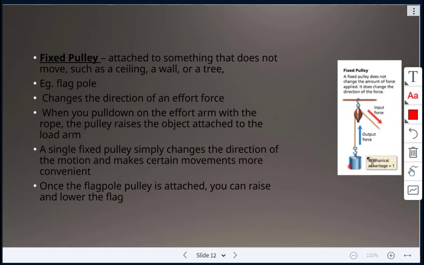So a single fixed pulley simply changes the direction of the motion, and it makes certain movements more convenient. Once the flagpole pulley is attached, you can raise and lower the flag. Again, it's not changing the amount of force applied, it's just changing the direction of the force. This has a mechanical advantage equal to 1.